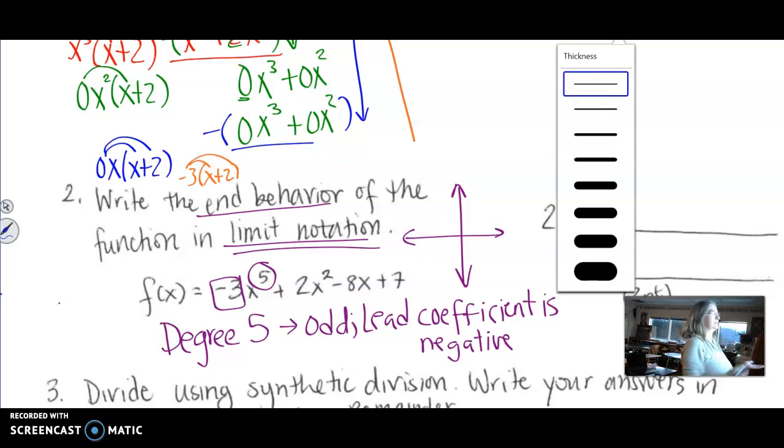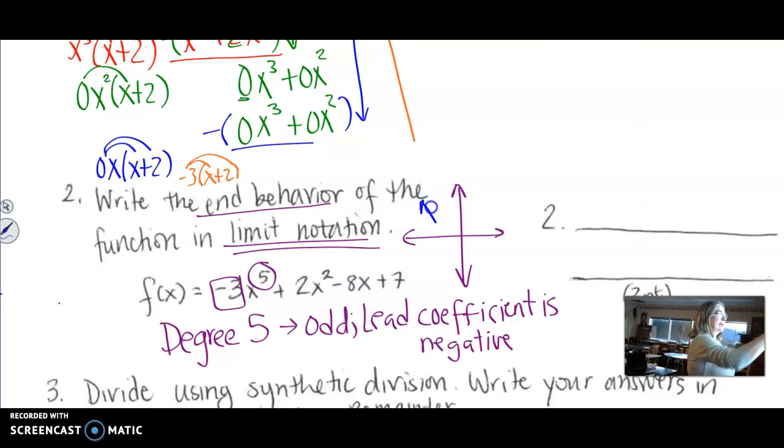It can have up to 4 twists and turns because it's a 5th degree polynomial, but I do know that the ends are going to go off like that. If you think of it as a line, that would be a negative slope. When the lead coefficient is negative, it's going to have that end behavior.